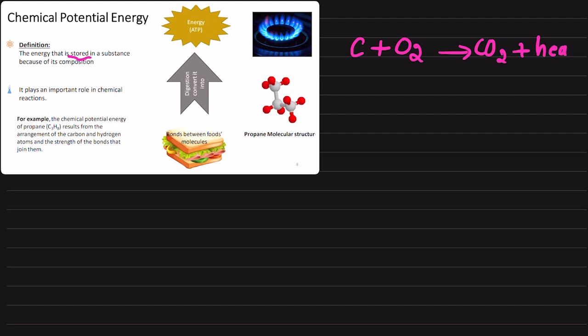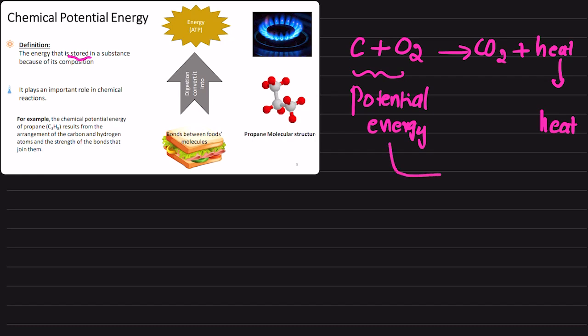So before the reaction, we have the potential energy. After the reaction, the potential energy gets converted into heat energy. So during a chemical reaction, energy gets converted from one form into another.